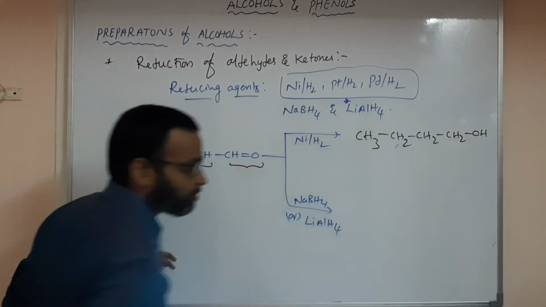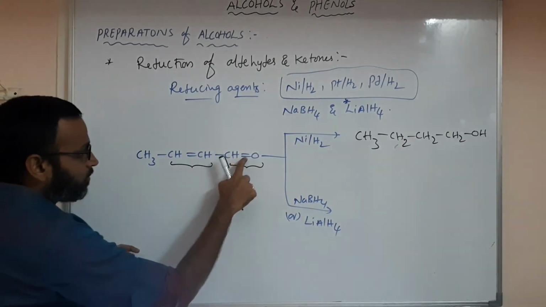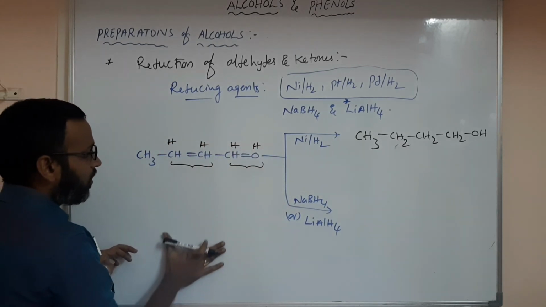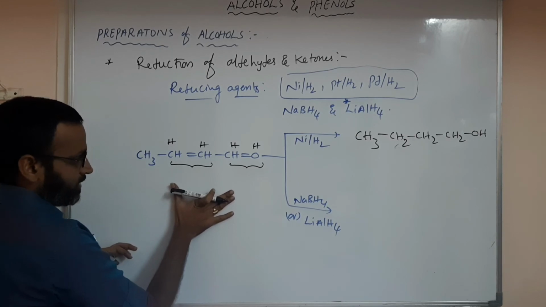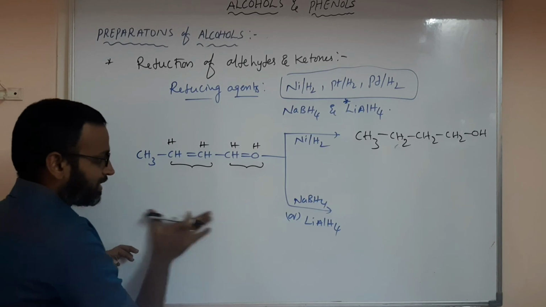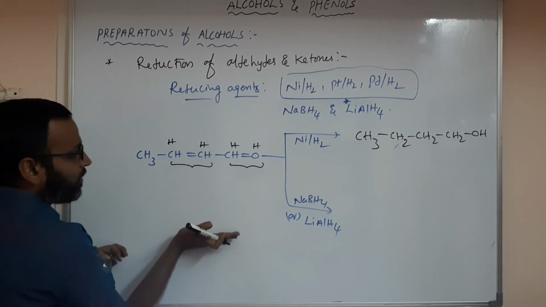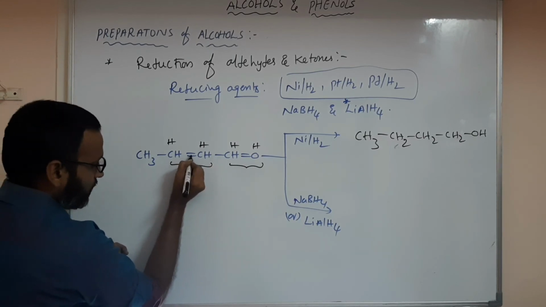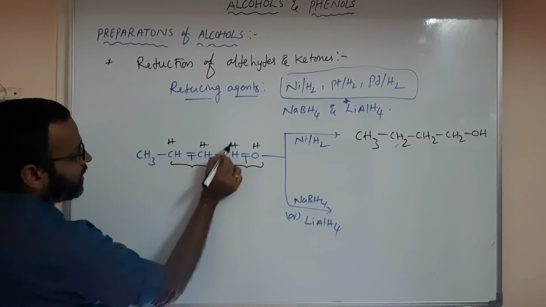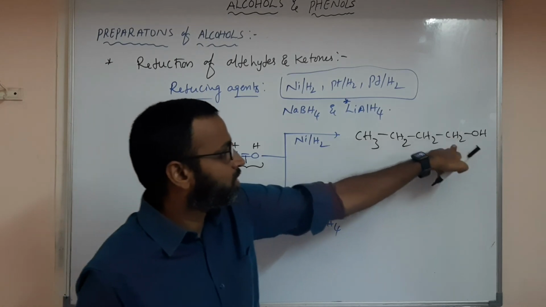Got it, sir? This double bond is broken and this double bond is broken, so here hydrogen, here hydrogen, here hydrogen, here hydrogen, because the nickel surface provides hydrogens in a symmetrical manner. So that's why you got CH3, CH2, CH2, CH2OH.